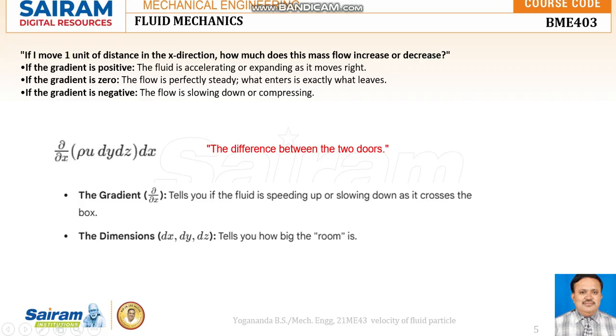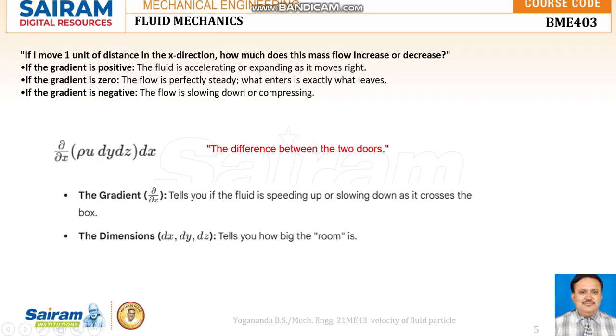So if I move 1 unit of distance in x direction, how much mass flow is increased or decreased? If the gradient is positive, the gradient being del by del x of rho u dx dy dz, the fluid is accelerating or expanding as it is moving to the right. If the gradient is 0, that means the flow is perfectly steady.